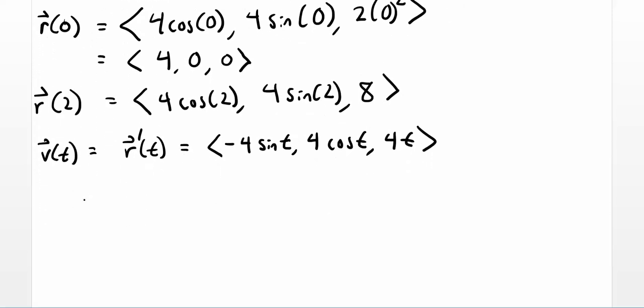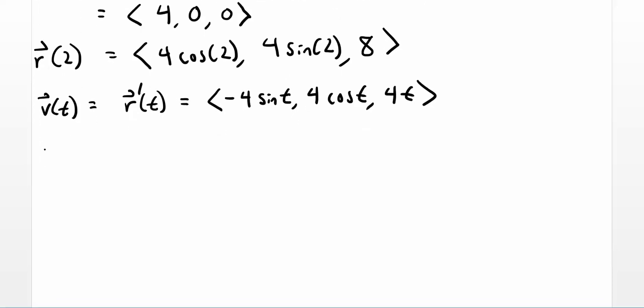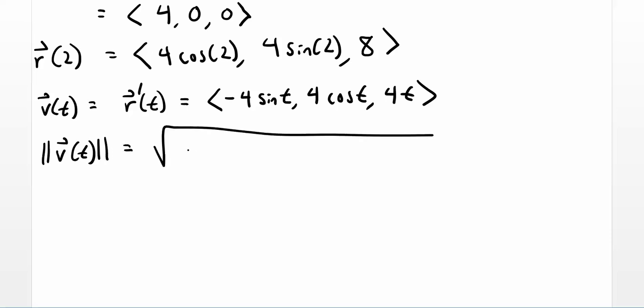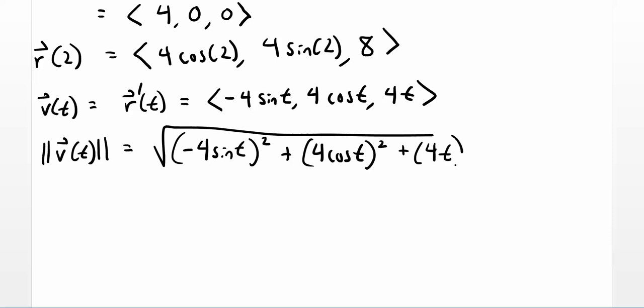Remember that speed is the absolute value of velocity. In vector form, that means that speed is the magnitude of the velocity vector. So the magnitude of the velocity vector works the same way as you've done it before. This is the square root of every component squared: the first component squared plus the second component squared plus the last component squared.